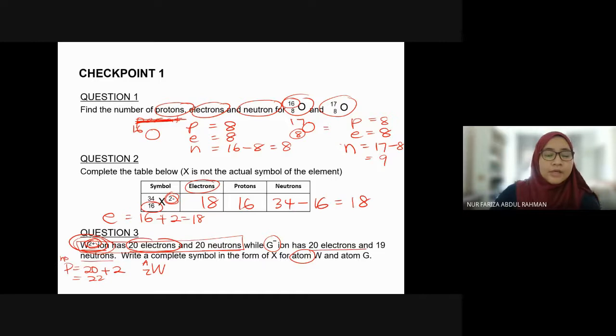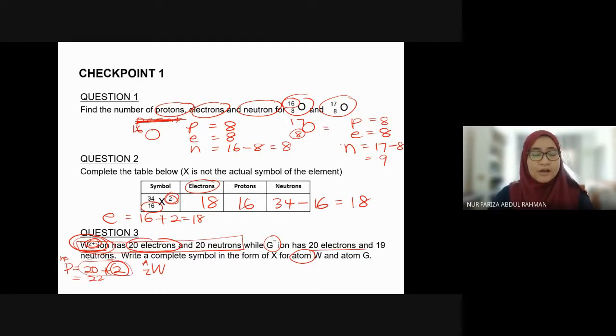Remember that in a neutral atom, the number of protons is equal to the number of electrons. So that is why we have to include the charge here. The 2 represents the charge, 2 plus 20, this is the number of electrons if it is neutral.